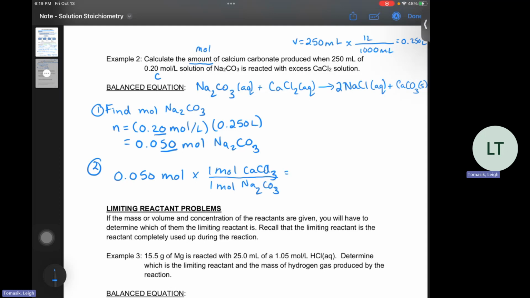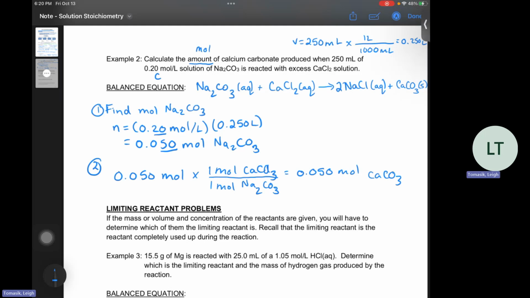So we're going to get the same amount. We're going to get 0.050 moles of CaCO3. That's it.